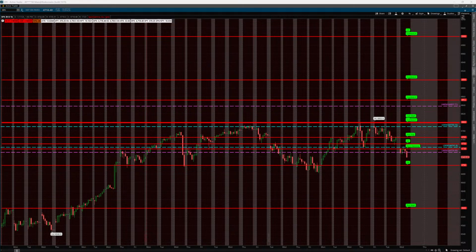All right, the dark red lines are showing SpotGamma levels. These are proprietary SpotGamma levels provided to SpotGamma subscribers, and they're shown on a variety of trading platforms. Again, this is Thinkorswim, a 30-day, 1-hour chart. I'm going to point out the key daily levels. First of all, here's the put wall.